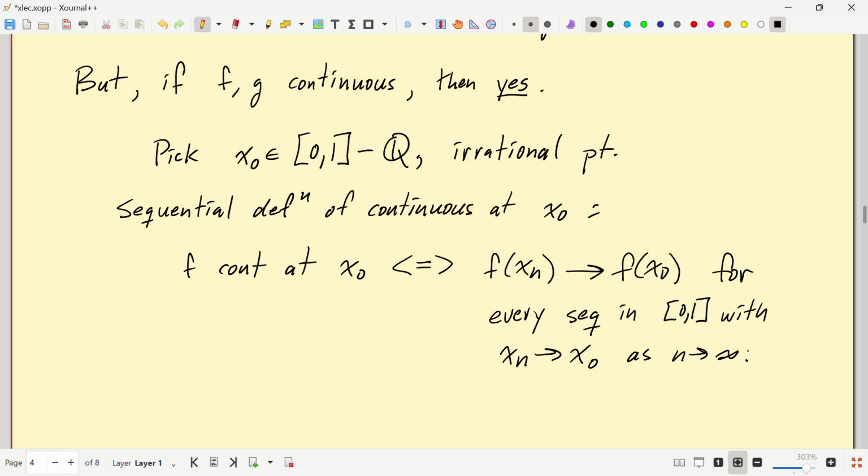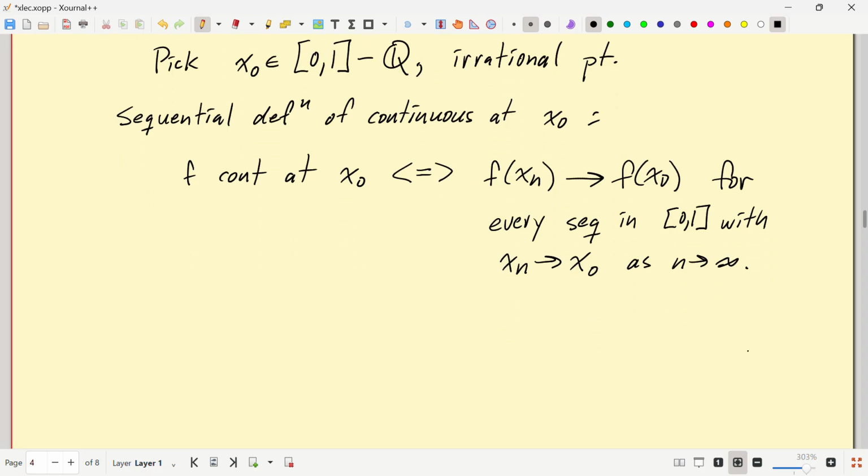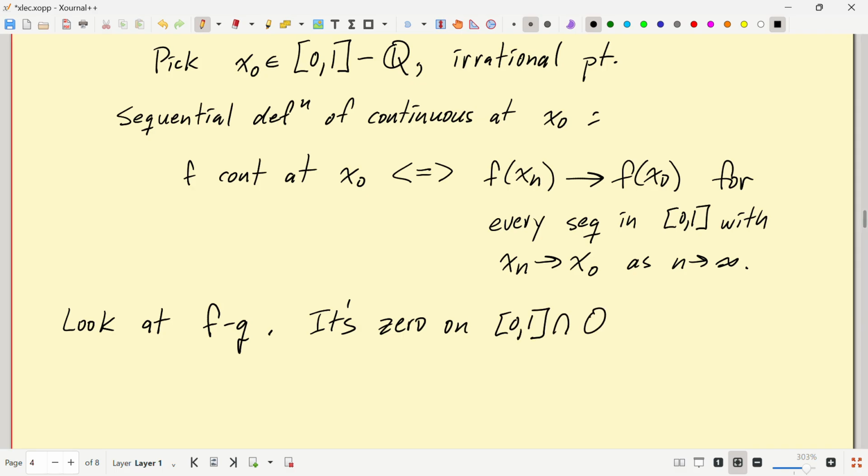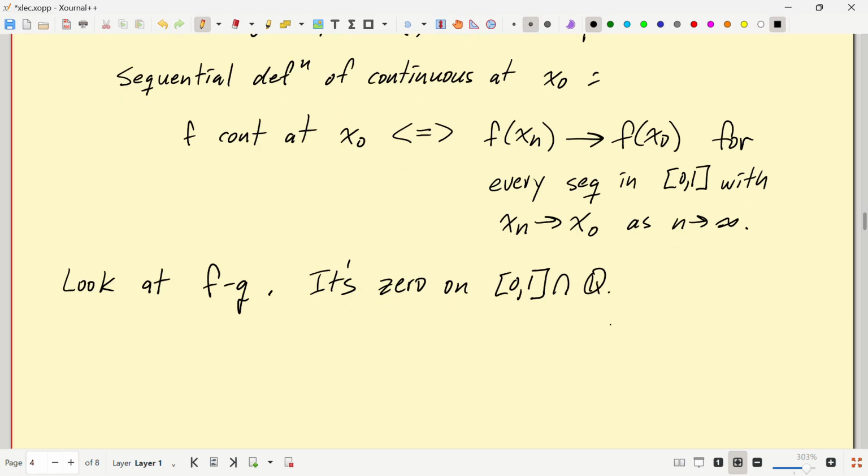Okay, so if I just find one sequence where that doesn't converge, then I would, let's see. I want to show that they are the same. So I'm going to look at f minus g. That would be 0 on the rationals. And we know the rationals are dense.